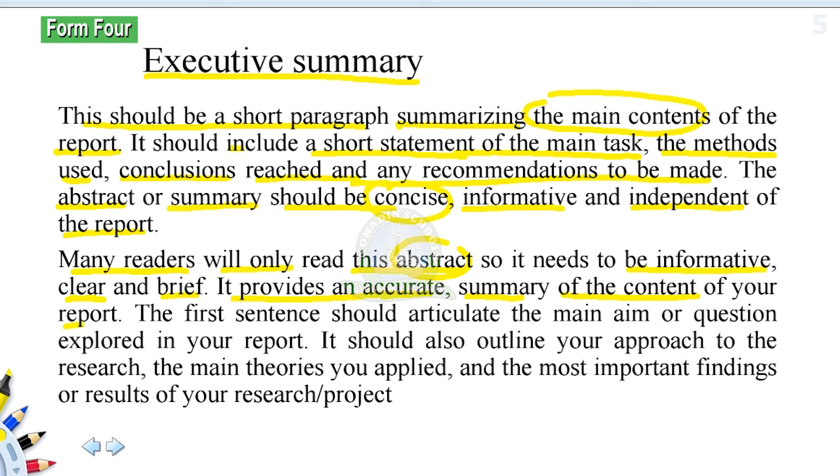The first sentence should articulate the main aim or the main idea. It should introduce the main idea or the question explored in your report. The first sentence carries the main objective of the report. We're talking about the executive summary.